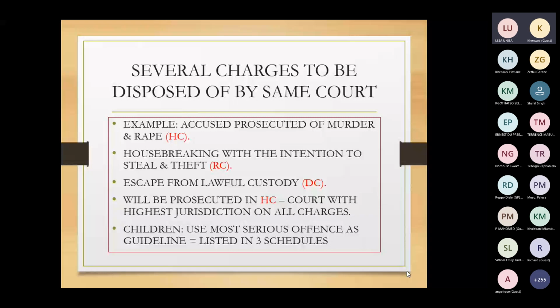So the request for further particulars must be in writing to the state. Then the question that you ask yourself is, is this necessary, will it be able to outline and define the issues that are in dispute? If yes, then go for it. And as I said, it should form part of the record and it should be part of the charge sheet. This is governed by the case of Chabalala, as you'll see in your notes.